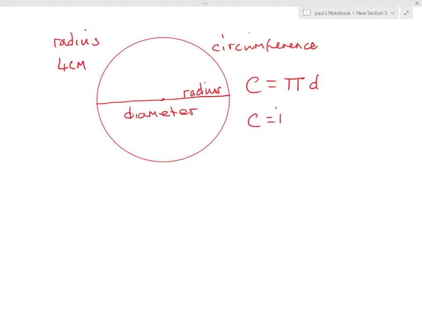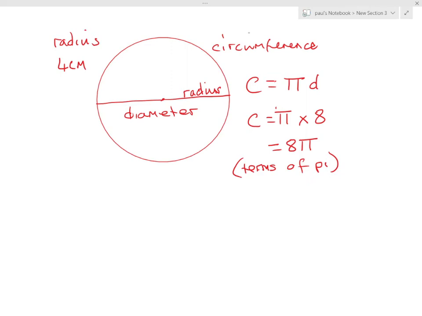So c will equal pi times 8. I'll just do that on the calculator. So shift pi times 8 equals, now obviously 8 times pi equals 8 pi, and this is an answer in terms of pi.